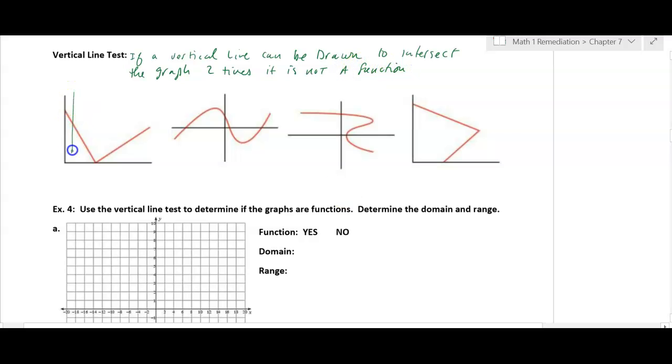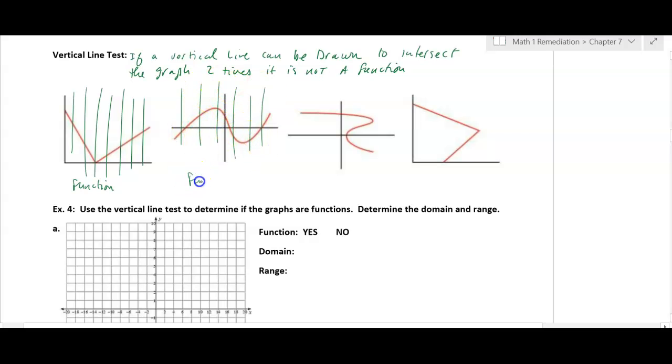So when I look, if I draw an infinite number of vertical lines here, do any of these cross the graph more than once? No. So therefore that would be a function. Same here. If I draw all these vertical lines, each vertical line only intersects one time. So this is a function.